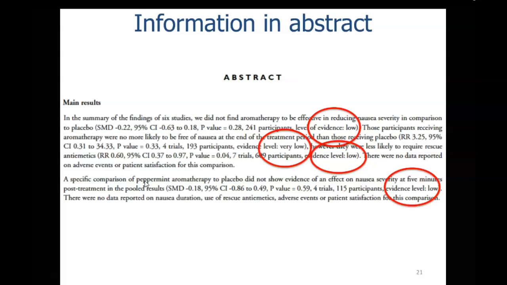So those are places in the abstract already under main results. You'll find that information that can then guide your further reading. And I'm going to talk in a few slides about a good strategy to use as you're approaching the summary of your review and how to go about finding some of the information you need to include. So just hold on for a second. Just want to show you these examples very quickly.